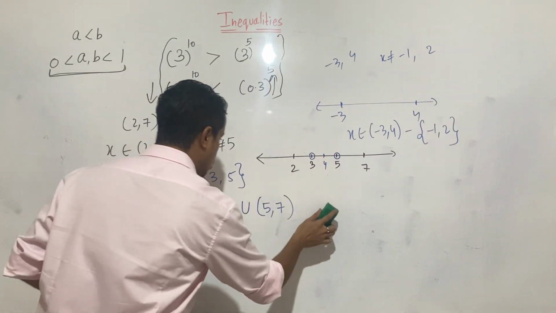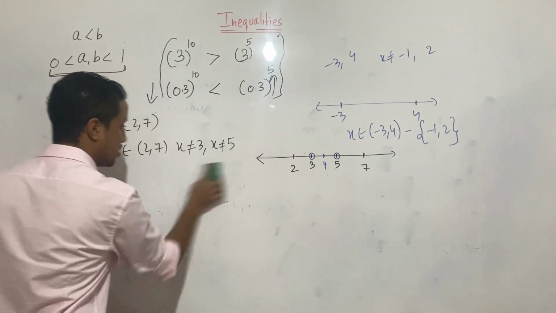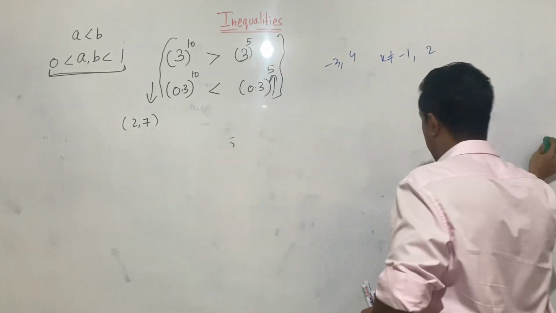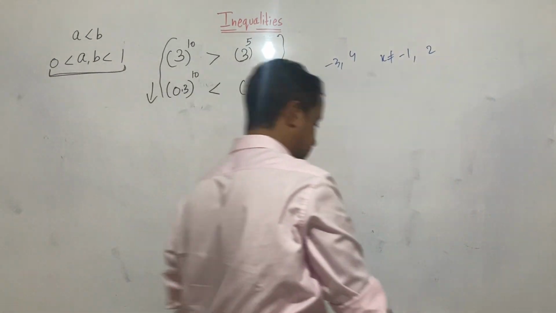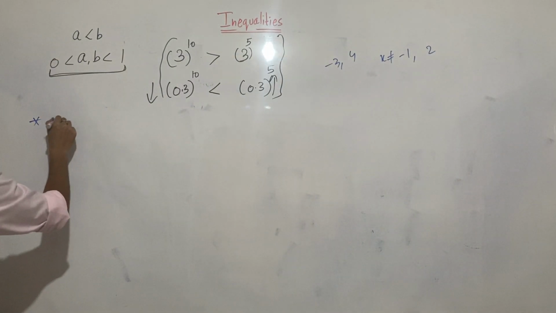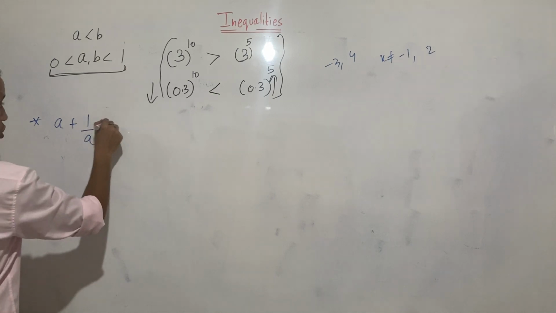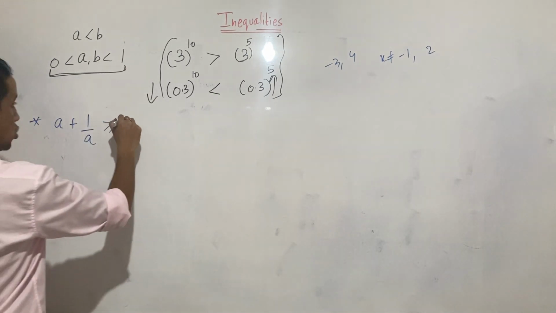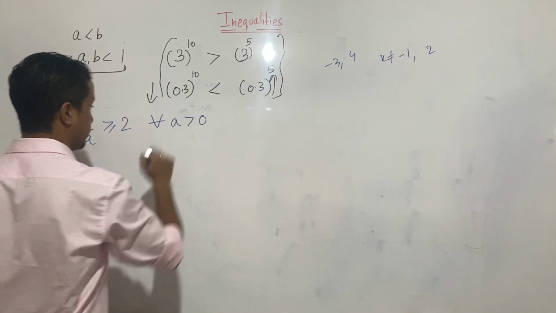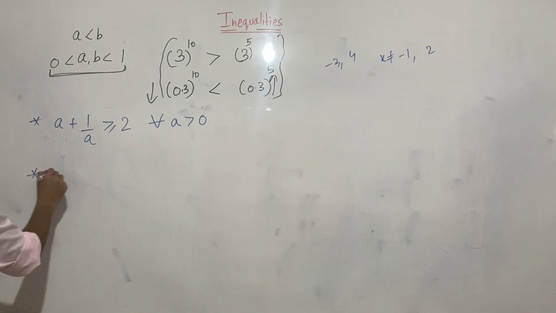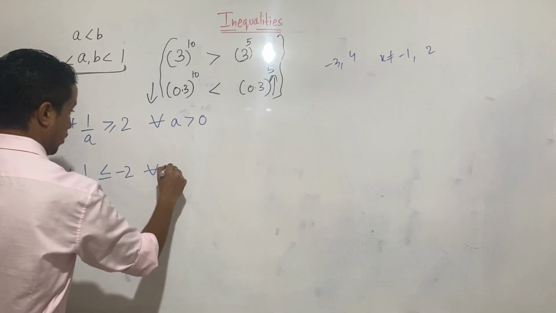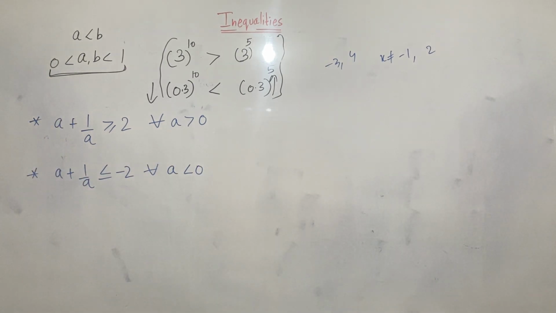Then there are two more results that I want you to remember, but we will work on their proof in the coming times. What are those? a plus 1 by a is always greater than or equal to 2 for all a greater than 0, and a plus 1 by a is less than or equal to minus 2 for all a less than 0. What does it mean?